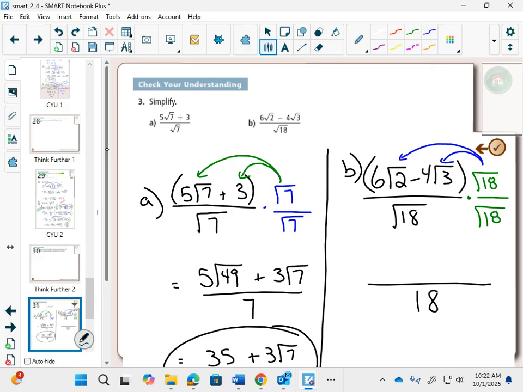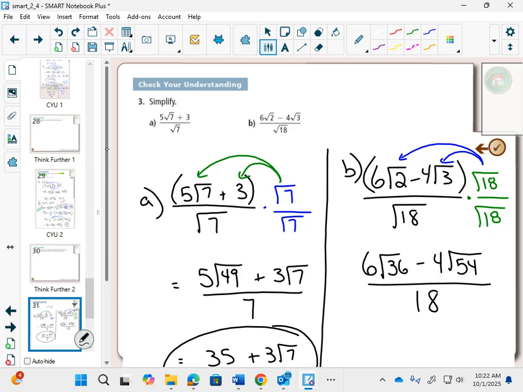So when I do 6 root 2 times root 18, I would get 6 root 36, correct? Minus root 18 times 4 root 3, which is 4 root 54.